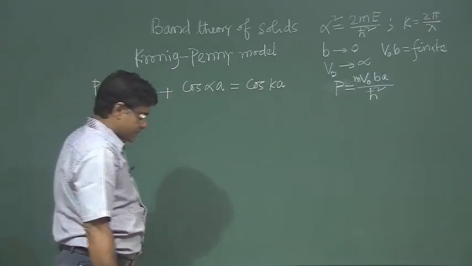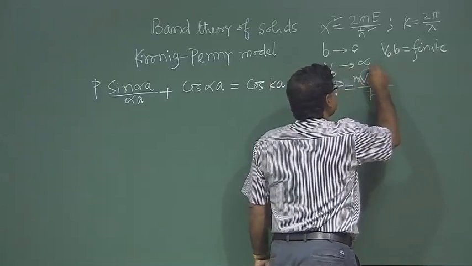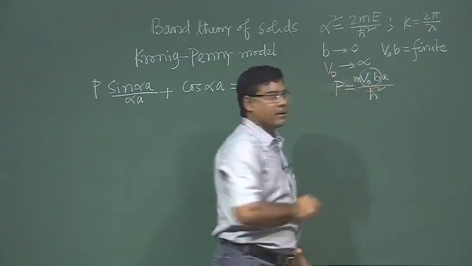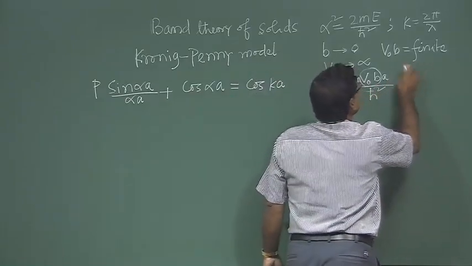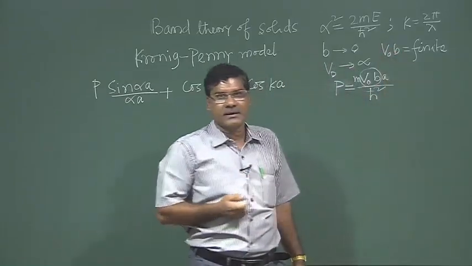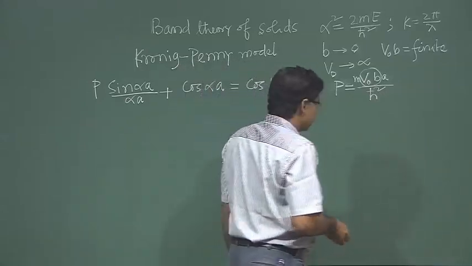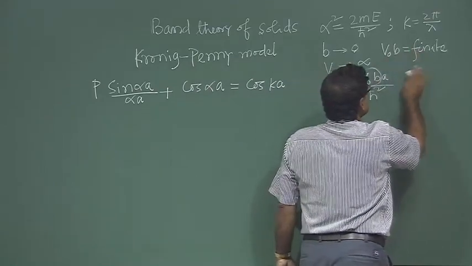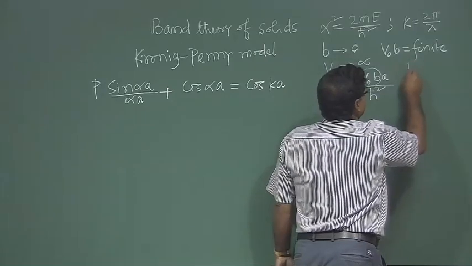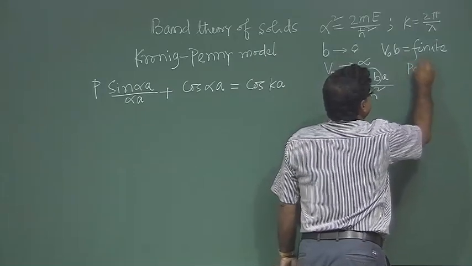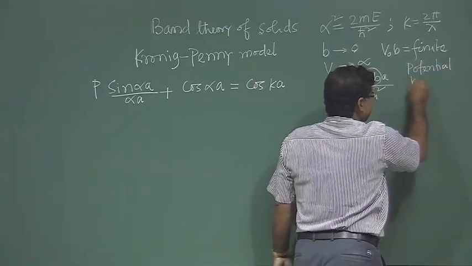So, this P, you can see here, depends on V0 b. V0 is the potential barrier and b is the width of this potential barrier. So, V0 is called the potential barrier strength.